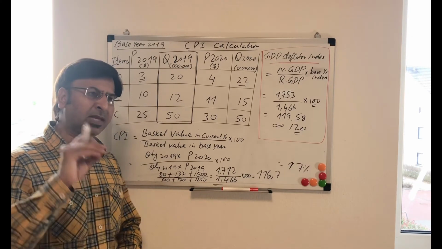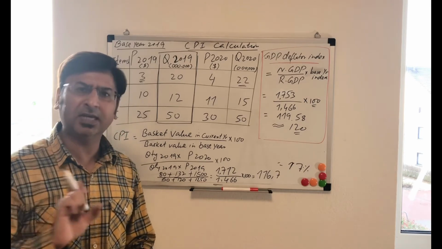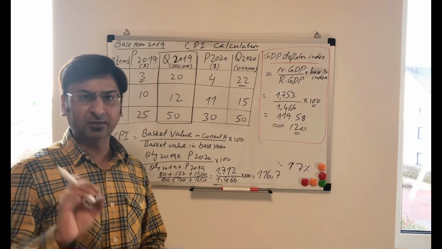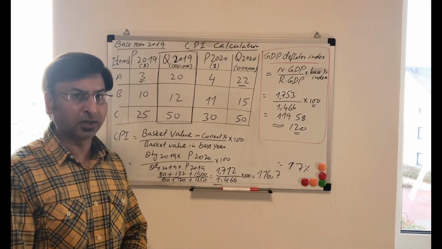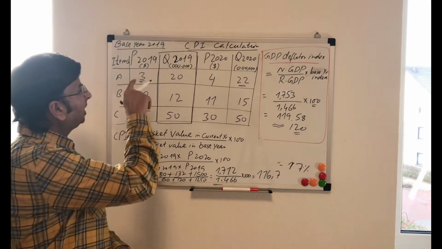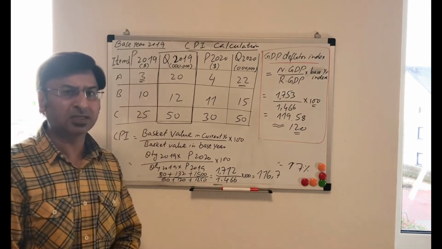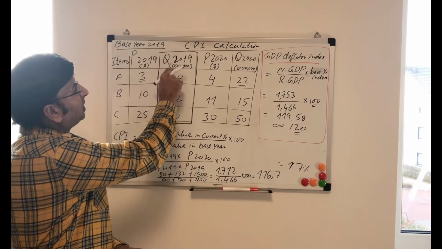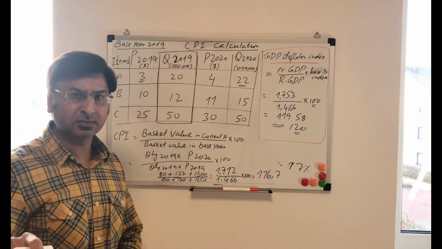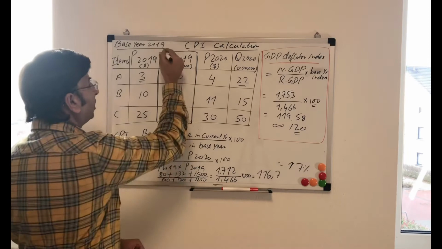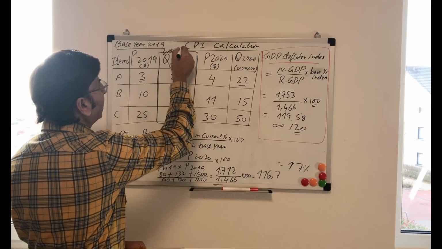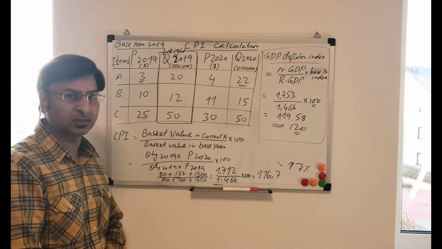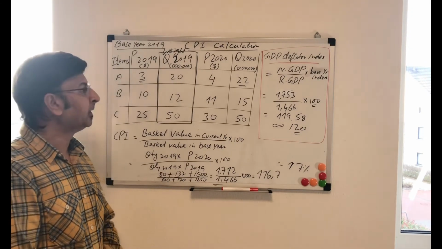And the weight does not change between the 2 years of inflation we are calculating for. So in this example, 2019 is our base year. Hence, the quantity of 2019 becomes the weight. So I would be taking it as the weight for this calculation of CPI.